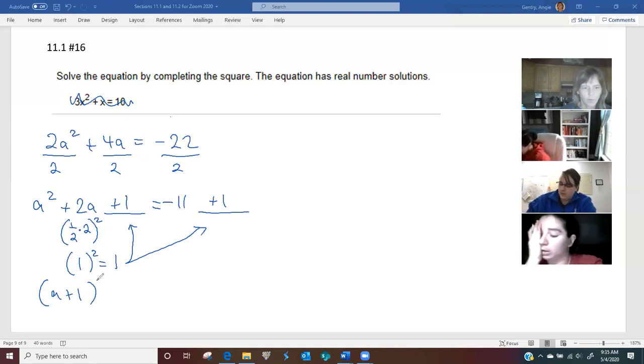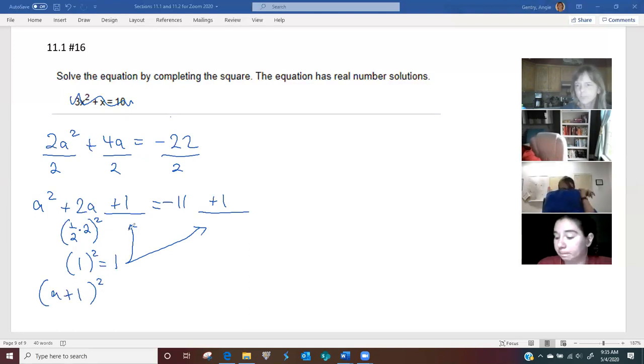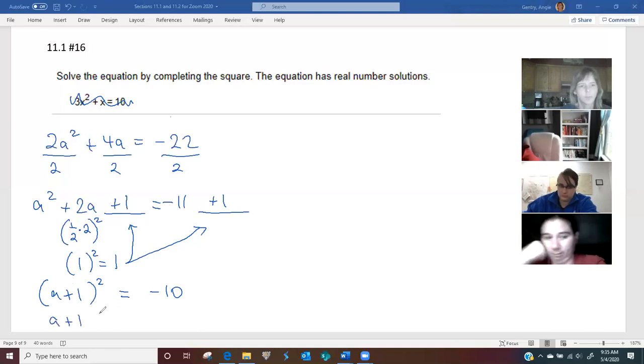Is that how far you've gotten, Amanda? Yeah, I had it completed. Okay. So then negative 11 plus 1 is a negative 10, right? Yeah. And then you use the square root property. So the a plus 1 comes out, and you get a plus or minus square root of negative 10.